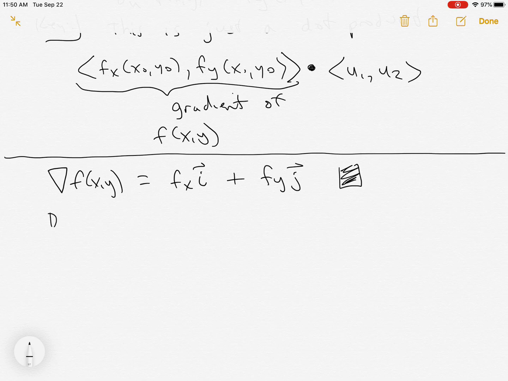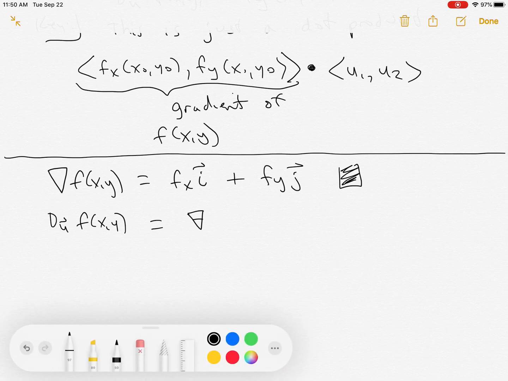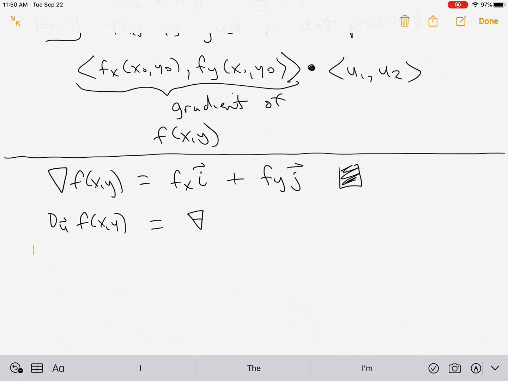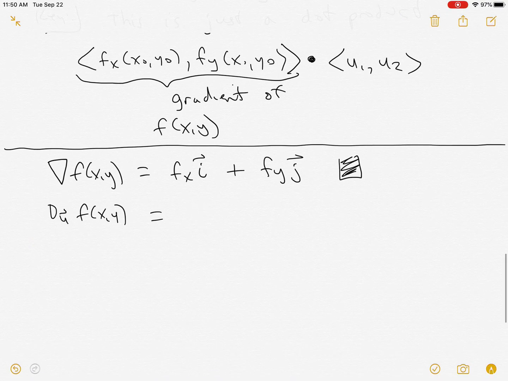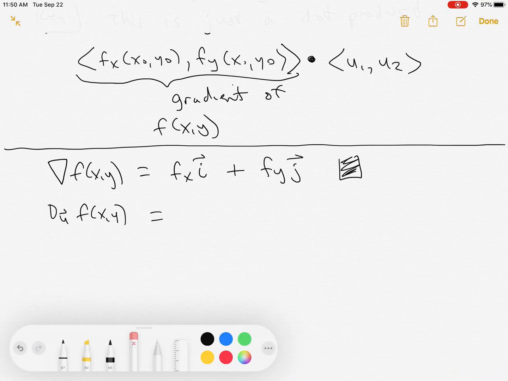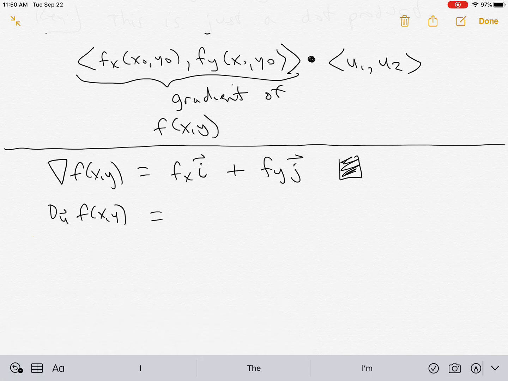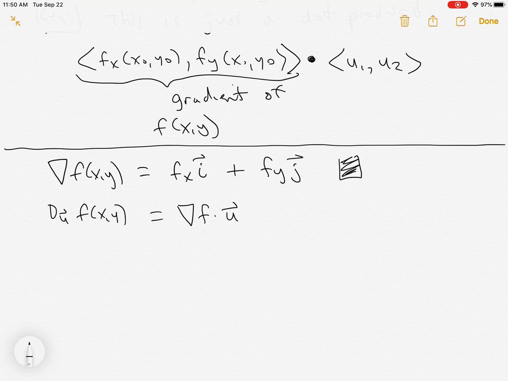And then you say, okay, the directional derivative in the direction of u is just del f dotted with u.